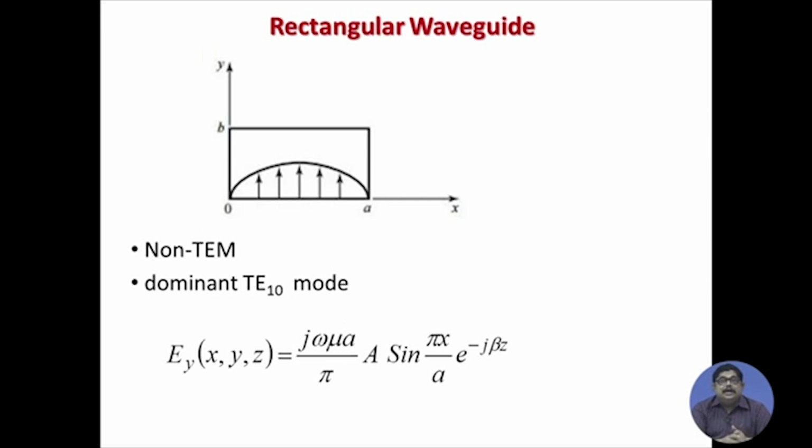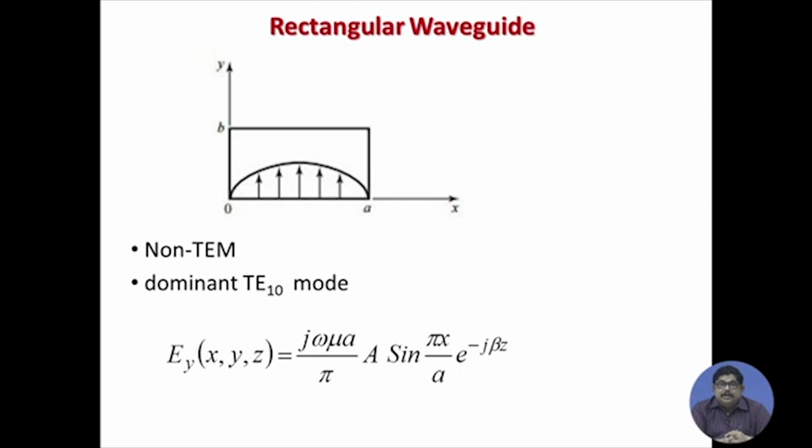But let us see rectangular waveguide. Rectangular waveguide has the dominant field distribution as TE10, it is a non-TEM mode, and it has only one transverse electric field, along the narrow dimension of the waveguide, that is generally called the y direction.